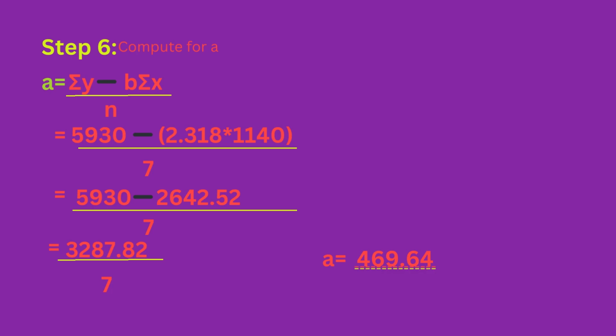So it will be equal to 5,930 minus the multiplication of b and summation of x, which is 2,642.52, divided by 7. After subtracting, we get 3,287.82 divided by 7. So we get the value of a, which is 469.64.